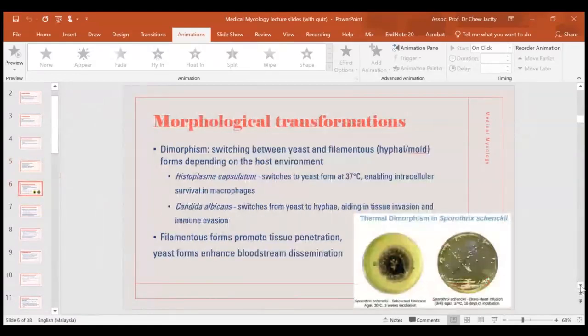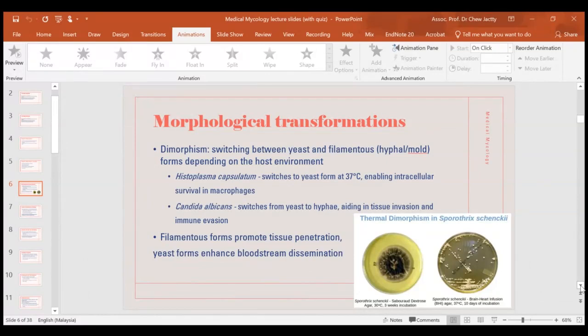First one, morphological transformation. As I mentioned just now, dimorphism is a switching between the different growth stages of fungi. It's either yeast or filamentous, which is mold, depending on the host environment. Histoplasma capsulatum is one of the fungi that is a mold in the environment and can cause endemic and systemic mycosis.